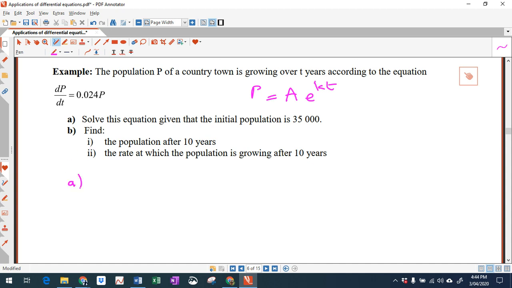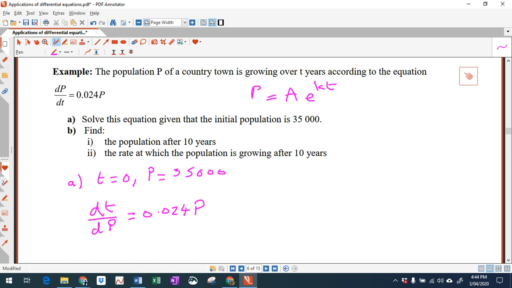Let's do part A now. Initially, so t equals 0, the population is 35,000. We can do separation of variables again for this one. Let's start off by flipping the derivative, which will make things a bit easier. So we're going to go dt/dP equals 0.024P.